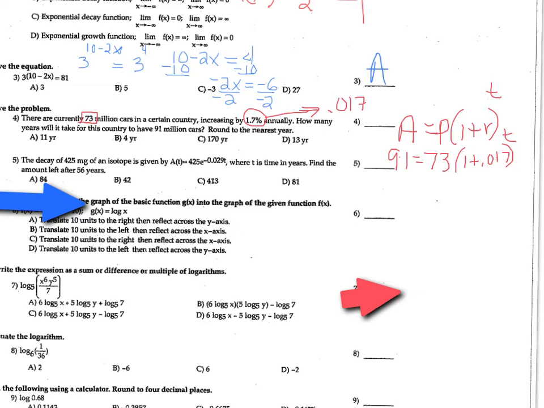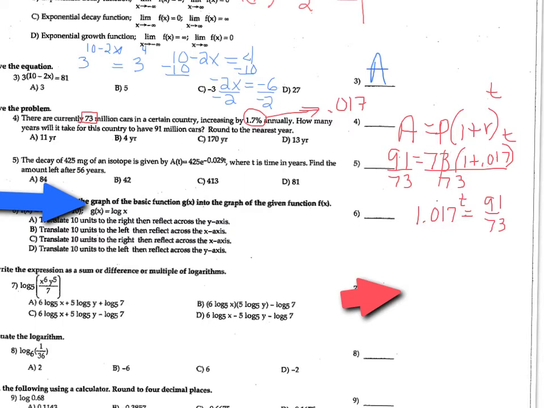First thing you do here, you divide by 73. Now, I'm not going to change that into decimal. I'm just going to leave it like that, okay? So it's going to be 1.017 raised to the t equals 91 divided by 73.